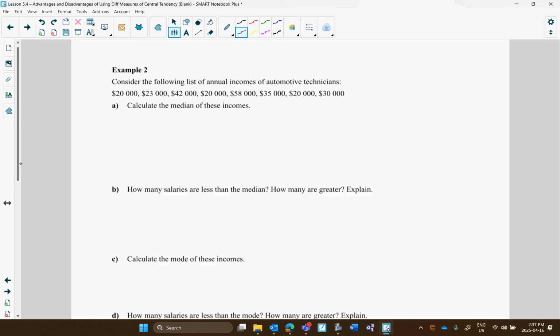We've got a list of 8 incomes of automotive technicians. We want to calculate the median. What do I have to do first before I calculate the median? Put them in order, lowest to highest.